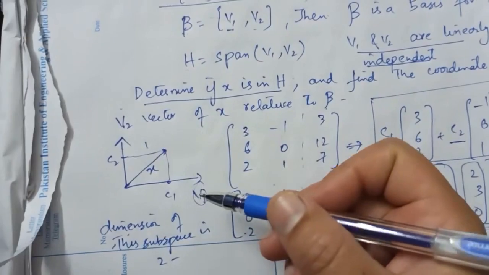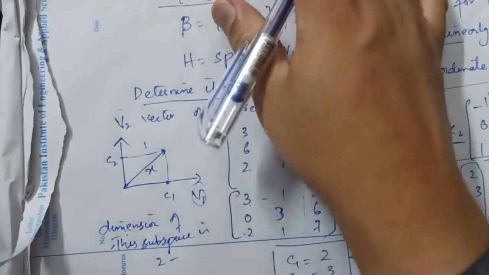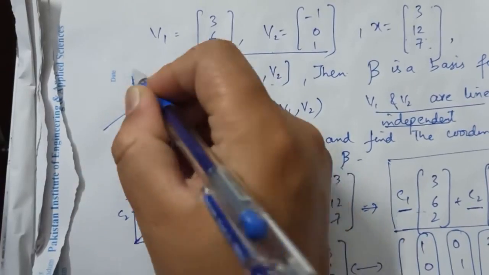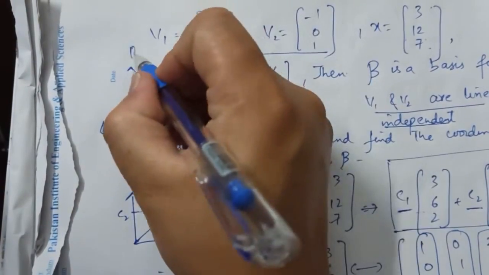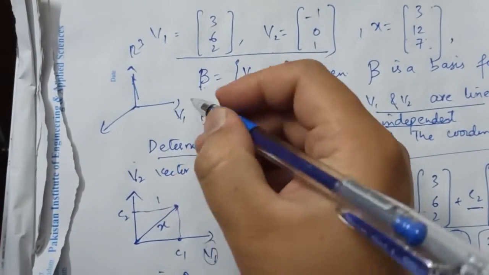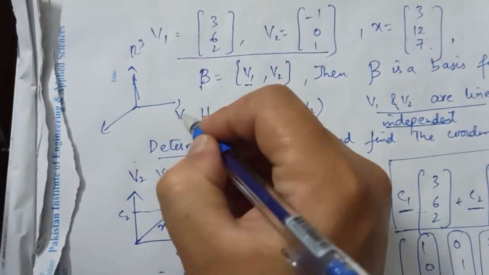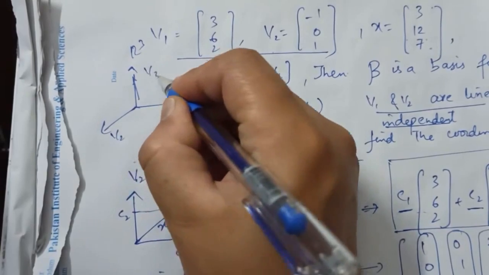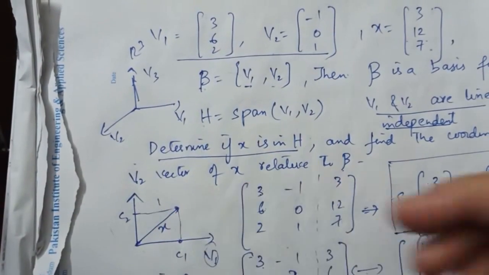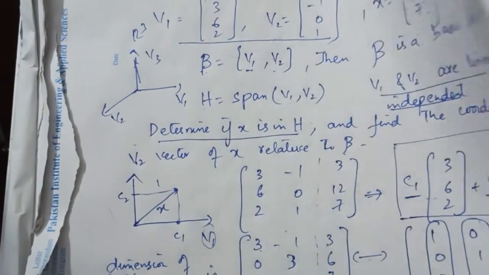In a 3-dimension case, for example in Rn, let's say R cube, we have 3 vectors: v1, v2, and v3, but the subspace has only 2 dimensions.